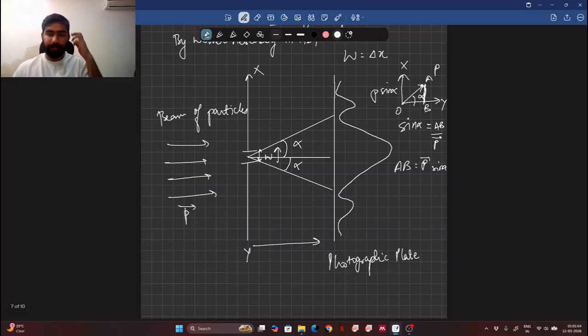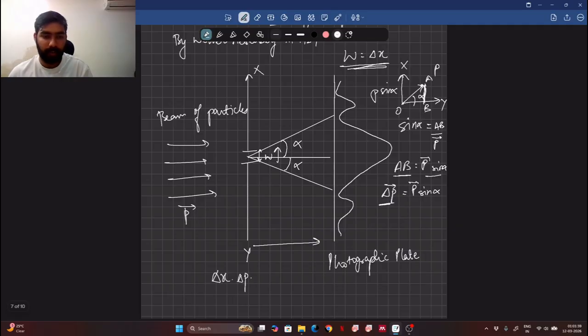Now this P sine alpha we are assuming as the uncertainty in P. So the width on the x-axis represents the uncertainty in x, and the component P sine alpha represents the uncertainty in P. So delta x times delta P corresponds to W into P sine alpha.